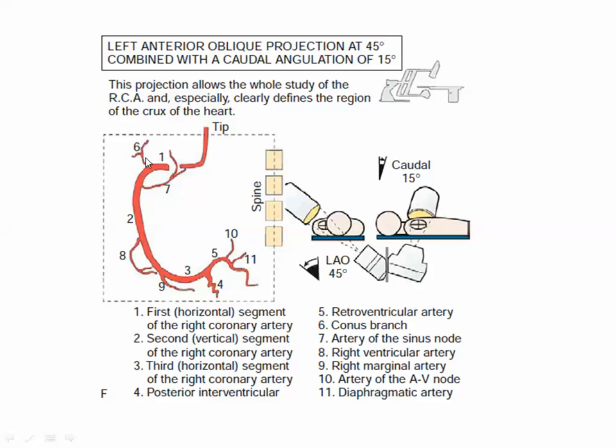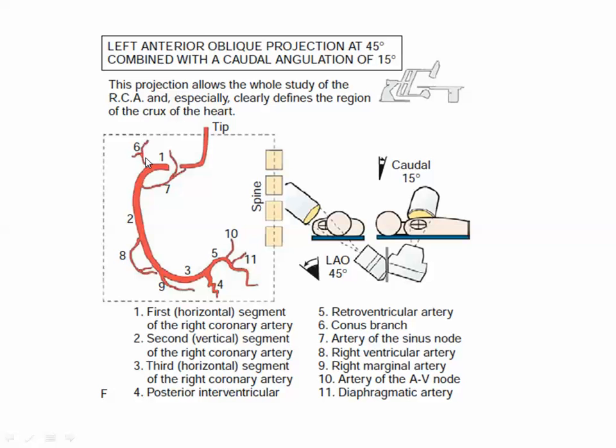Okay, more deep. Okay, so this is the direction. While in the RAO will be the RVOT here. Here will be the aorta and here will be the pulmonary, so here. Okay? It's clear?